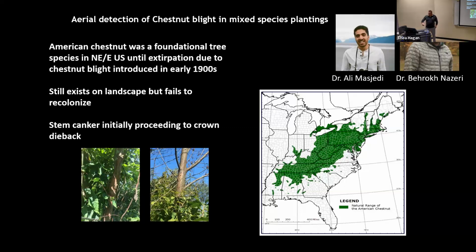Okay, I'm going to move away from leaf level measurements right now and move into UAV-based measurements. This was primarily done by two postdocs that I had, Dr. Alamasjetti, who is now at Bayer Crop Science, and Dr. Baruch Naziri, who's now at NASA.